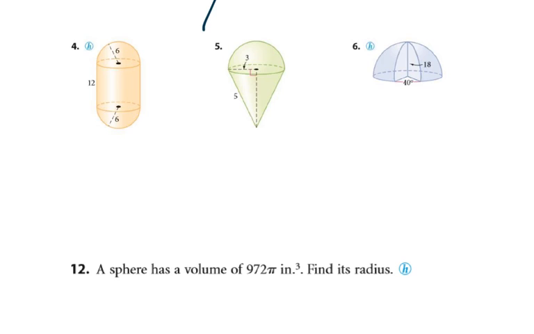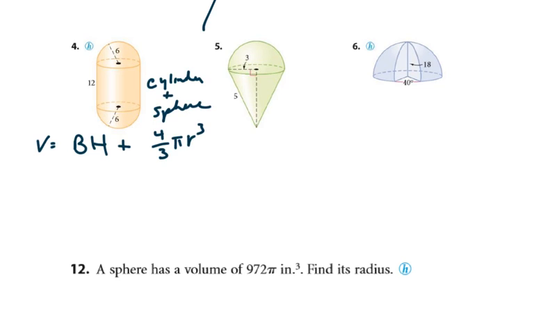So this one is a cylinder plus 2 hemispheres, or 1 full sphere. So the cylinder is BH plus, and then the sphere, 4/3 pi r cubed. Now BH turns into pi r squared h plus 4/3 pi r cubed.